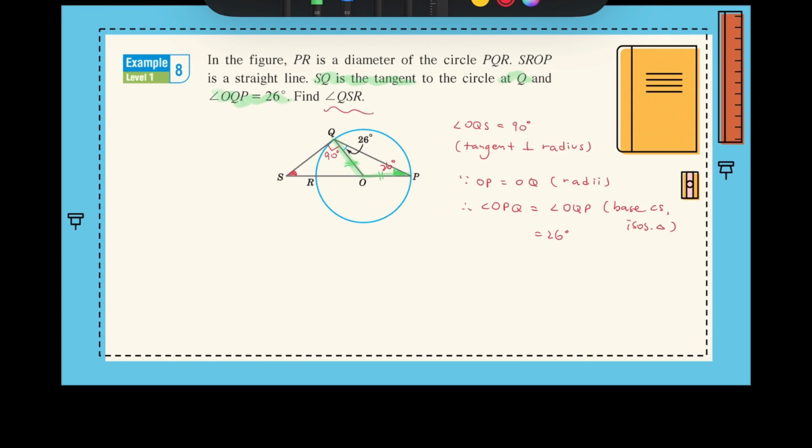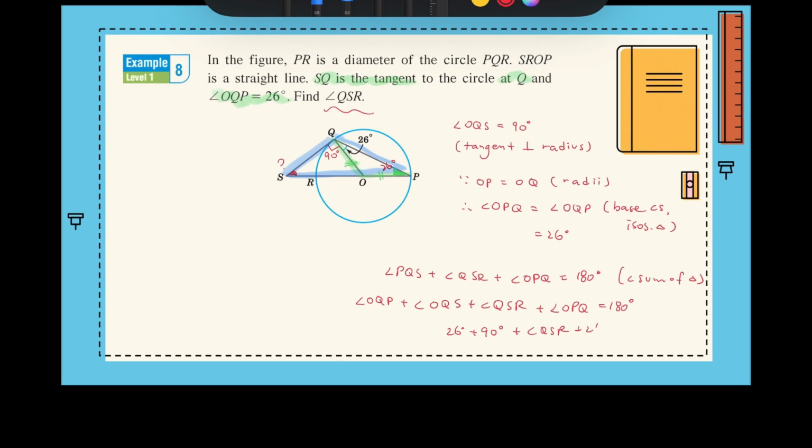So if we know this is 26 and this is 90, how do we find this? This is a triangle here, so all the angles inside add up to 180. So in the triangle, angle PQS plus angle QSR plus angle OPQ equals 180 because of the angle sum of a triangle. If you add those up, the only unknown is QSR, which is the one you want to find.